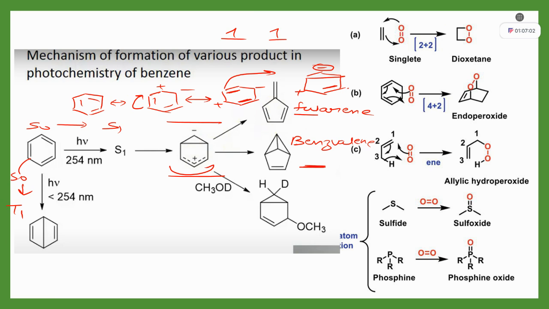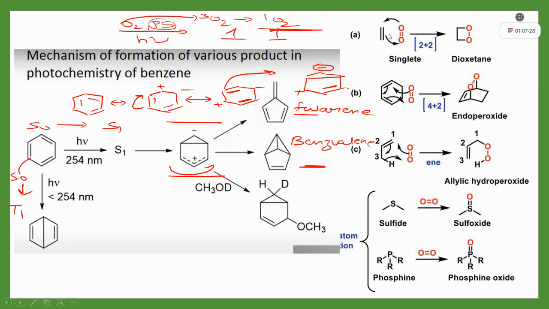So in which form is it going to react? Obviously in singlet form. So whenever on the arrow it is giving O2, any photosensitizer will be given to you and photochemical conditions will be there, because the photosensitizer will convert your triplet oxygen to singlet oxygen. Now this singlet oxygen can undergo various reactions.